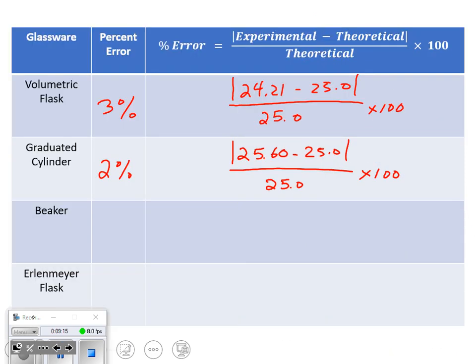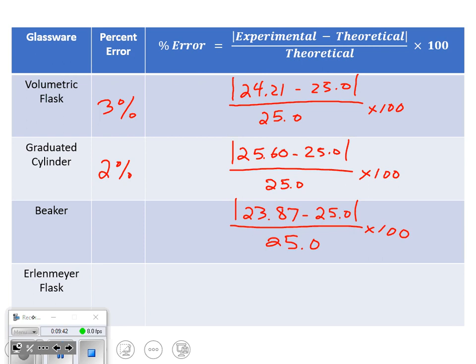23.87. 23.87 minus 25.0, absolute value, divided by 25.0, multiply it by 100. Now for this one, I have a 1.13 up at the top, the absolute value there.